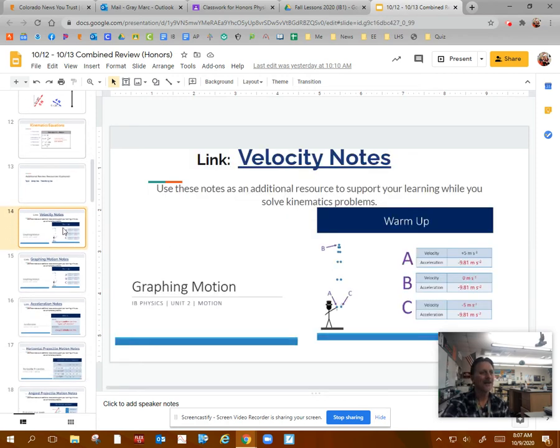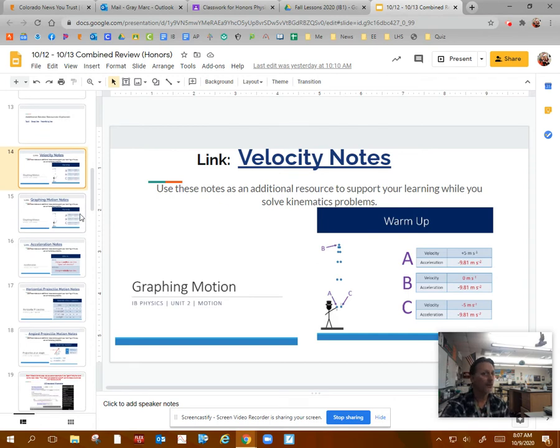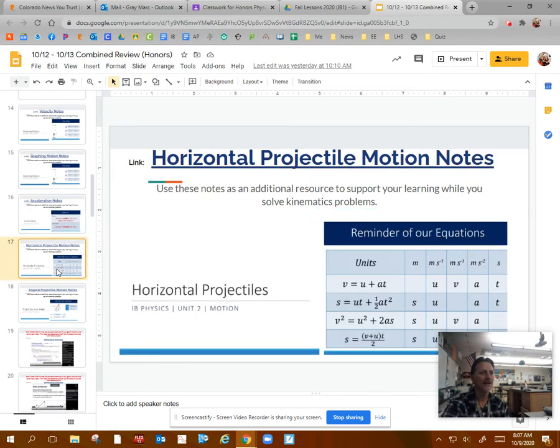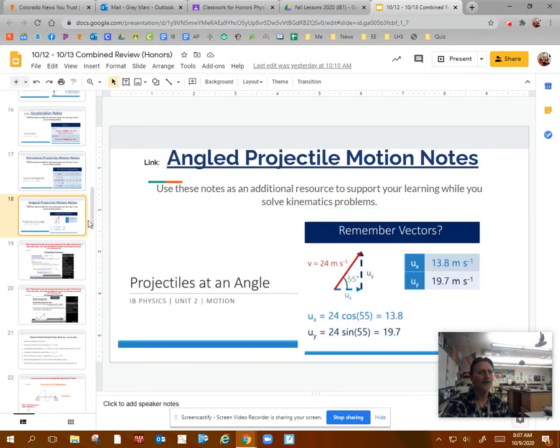I also included all of the different notes that we did throughout the whole kinematics unit. So we've got velocity notes, graphing motion, acceleration, horizontal, and angled projectile motion. There are notes in here that you could open up in a separate tab, and when you're working on a specific problem and you don't know how to deal with it, you could just go right into those notes and see how they deal with it.